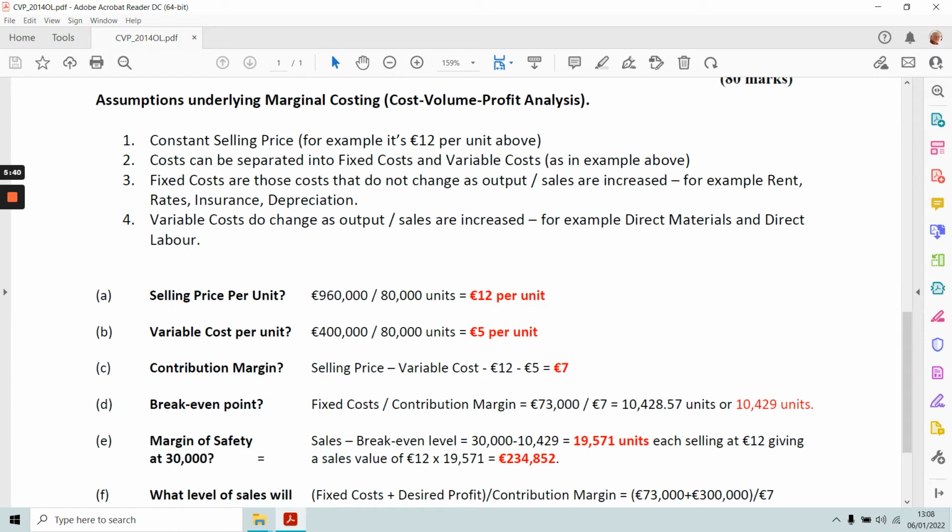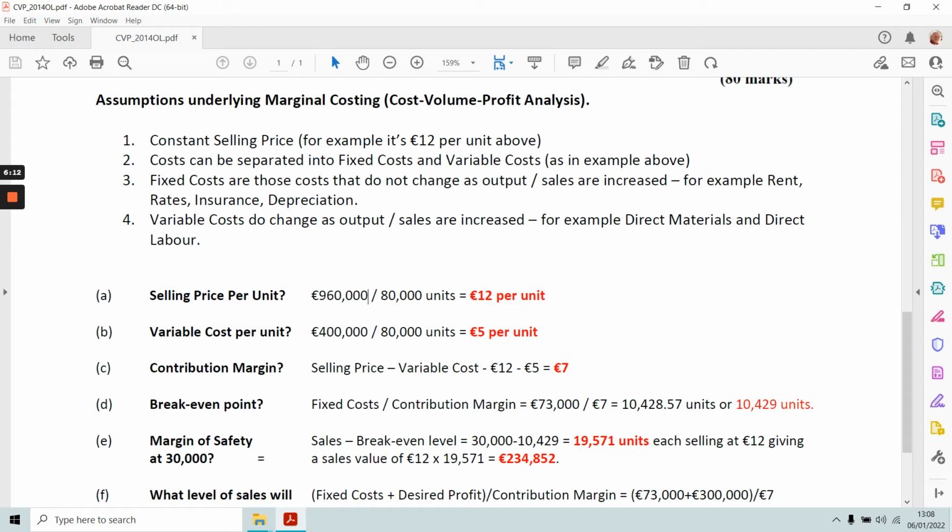Well, the first thing that comes next are your fixed costs. We've said that your fixed costs are €73,000. So the question becomes, how many units will you have to sell or produce, each contributing €7 to cover €73,000? You can see the calculation there of €73,000 over €7, giving us that awkward 10,428.57 units.